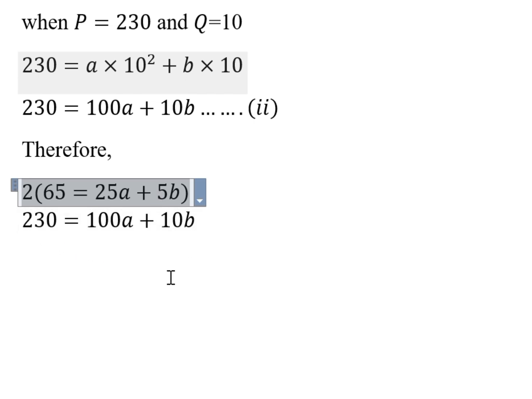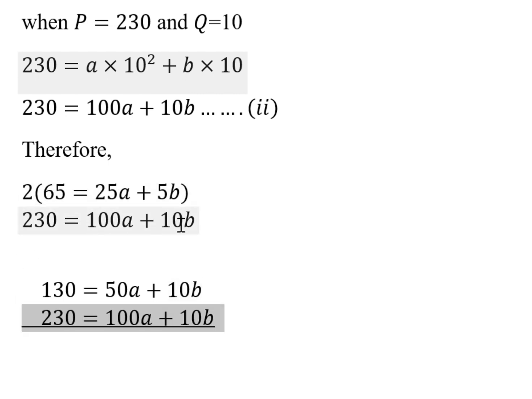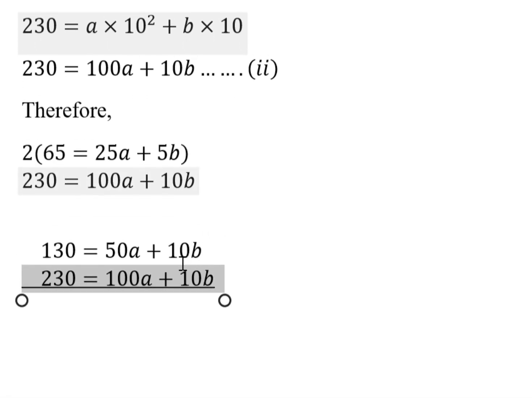So we shall have it look like 2 times 65 gives us 130, being equal to 25a times 2 gives us 50a, plus 5b times 2 gives us 10b. For the lower one, we are not tampering with it, we just pick it the way it is. You notice that now b has equal coefficients.